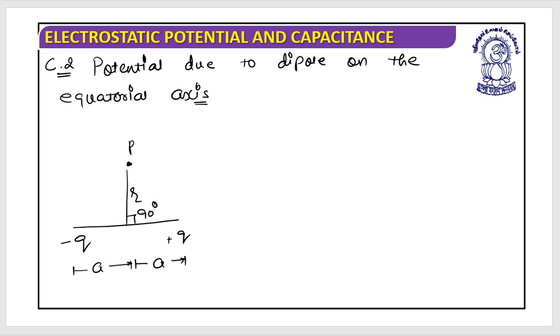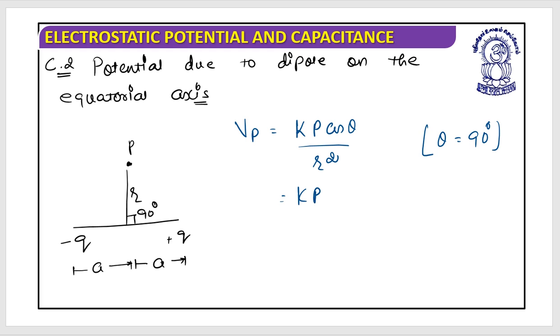So what I can do? Yes, V = k p cos θ divided by r². In this case, θ is equal to 90 degrees. So this is equal to k p by r² multiplied by cos 90 degrees, and cos 90 would be 0.